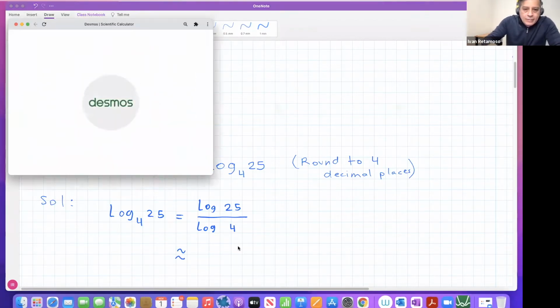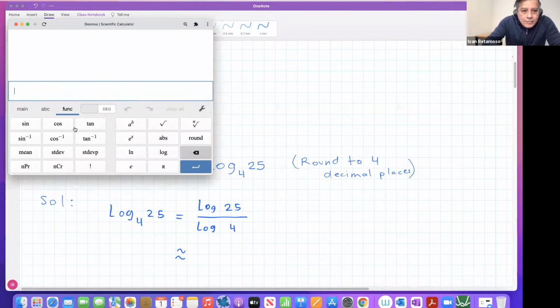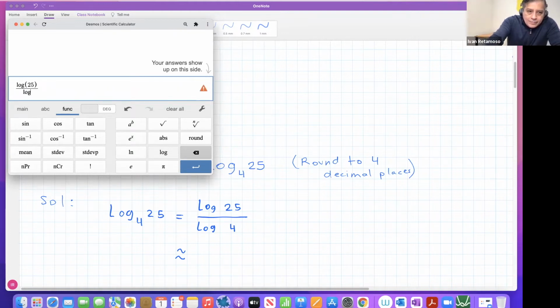Now, if you take your scientific calculator, I'm going to use our Desmos scientific calculator. You just have to go to functions and look for log, or type log, it's the same. 25 on the top divided by log of 4 on the bottom.